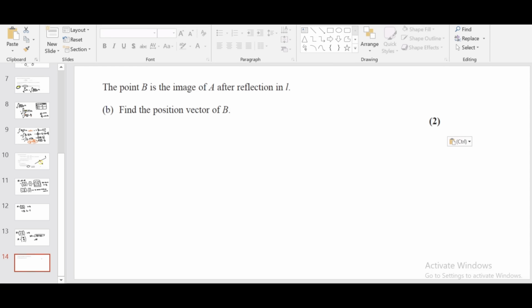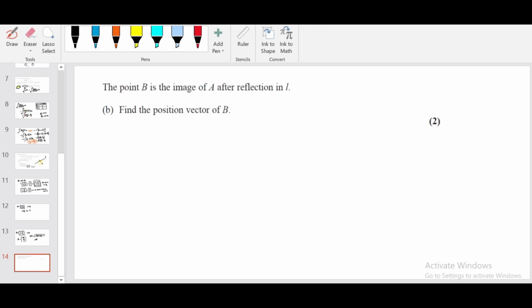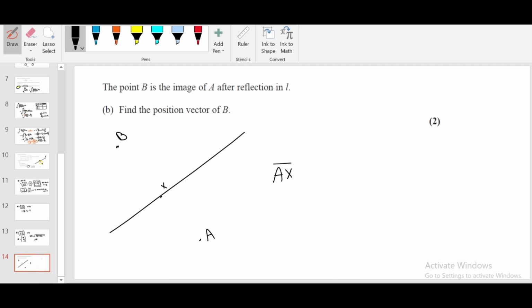Now part B of the question says the point B is the image of A after reflection in L. So let's say this is a straight line L. A is here. This is point X. So B should be somewhere here. So basically we can write the AX vector is equal to the XB vector, or you can write the XB vector as OB minus OX vector.